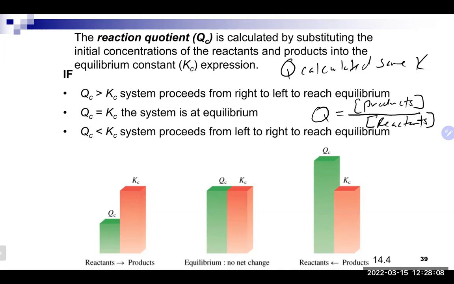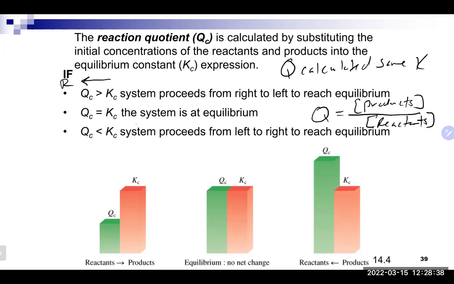We have initial concentrations and we put them in, and it helps us decide, first off, are we at equilibrium? And again, if not, which way we need to go to reach equilibrium. If we calculate Q and it is greater than the K value, that means the reaction is not at equilibrium. And in order to reach equilibrium, kind of opposite of where this is pointing, it needs to go to the reactant side. We need to make some more reactants.